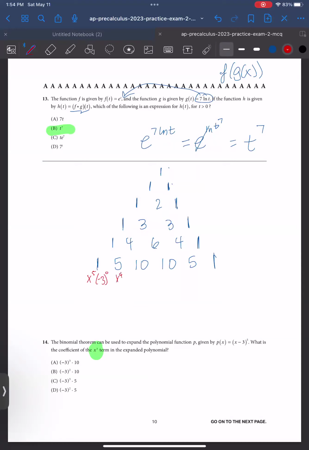Then I have x to the 4th, negative 3 to the 1, x cubed, negative 3 squared. Oh, this is the one I'm looking for, right? So it would be 10 times negative 3 squared x cubed. Well, they're only asking for the coefficient. So which option matches this?